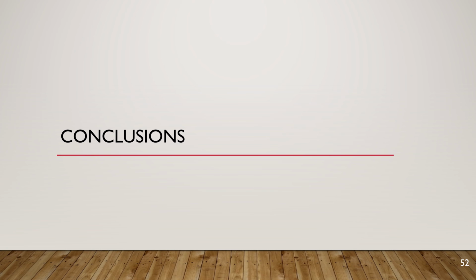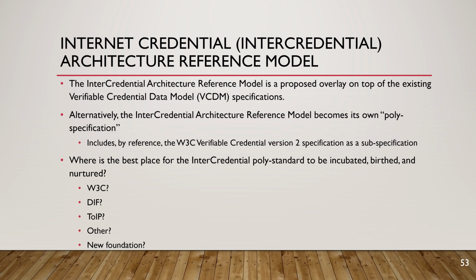So a few conclusions. We've seen the Internet Credential Architecture Reference Model, and we've also seen the four-corner Internet Credential Interoperability Model. These are both proposed as an overlay on top of the existing Verifiable Credential Data Models, the W3C Verifiable Credential Models.